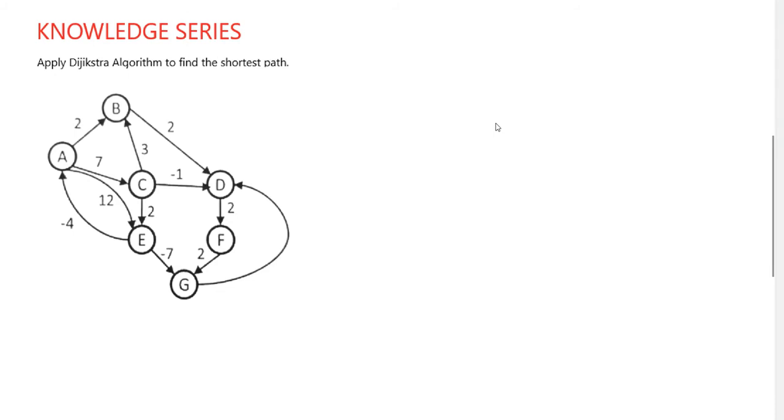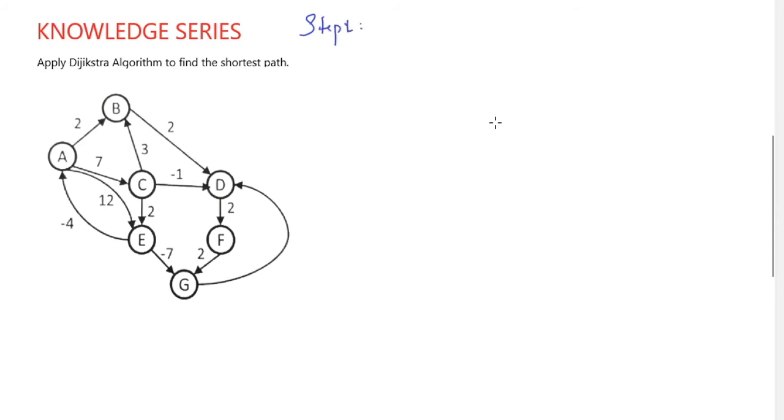That means in certain vertices like A and E, D and G, you are finding a loop. So how can we solve this particular problem? We follow the basic method, that is, we go with the steps. So let us write step 1.